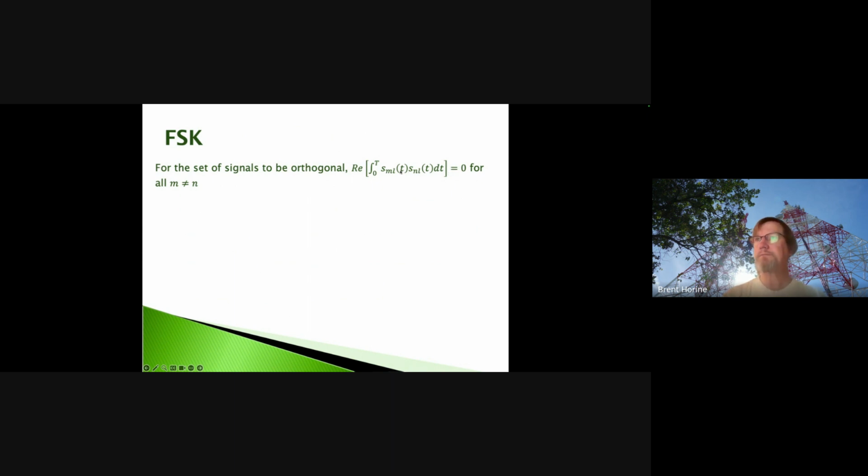If you take a cosine and a sine waveform, multiply them together and integrate from 0 to t, it gives you 0. That should hold for any m and n pair, so long as they're not equal. If they're equal, we'd like it to integrate to 1 if it's orthonormal, or just some constant.